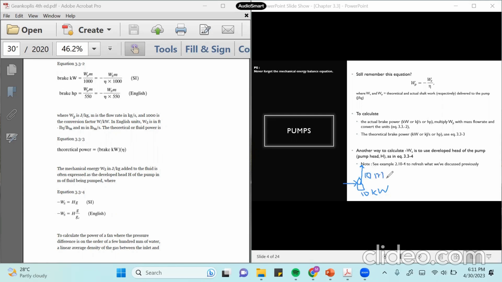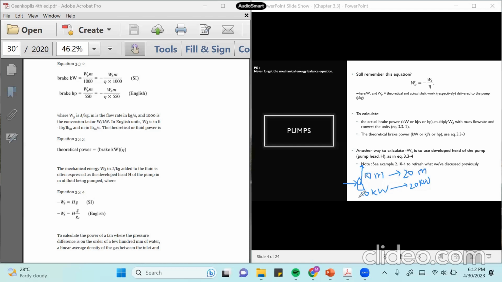Now, if I increase the brake power to 20 kilowatt, so the pump has a bigger power, that means it can push the fluid up until it reaches the height of 20 meters.